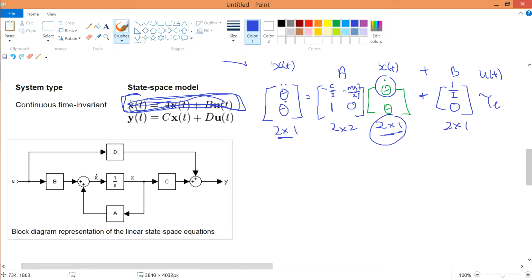We have cleared away this part right now. Now we're going to talk about this part over here. yt is the output. What we want as the output is in fact theta itself. Often in this second equation, yt is in terms of the last of the xt, or perhaps the last few of the xt.